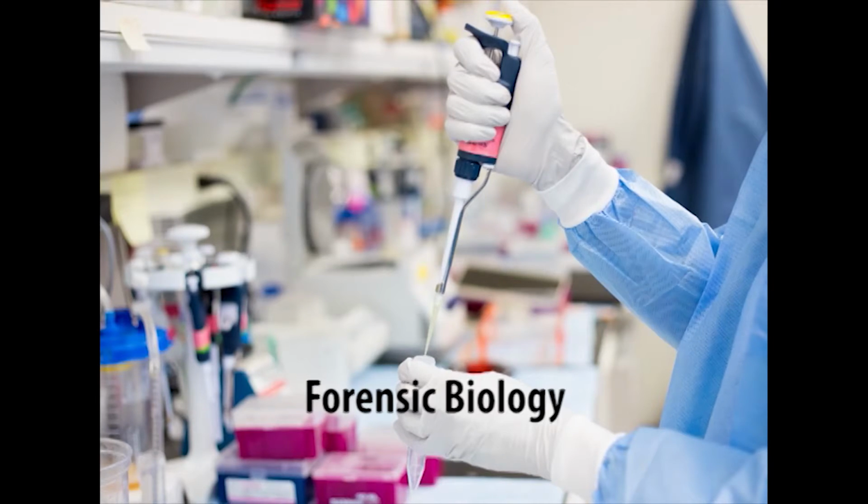Number 4. Forensic biology. It is the application of biology to law enforcement. Moreover, forensic biologists analyze the parts of living beings as well as biological fluid. With the help of these evidences, he can establish the identification of a living being.